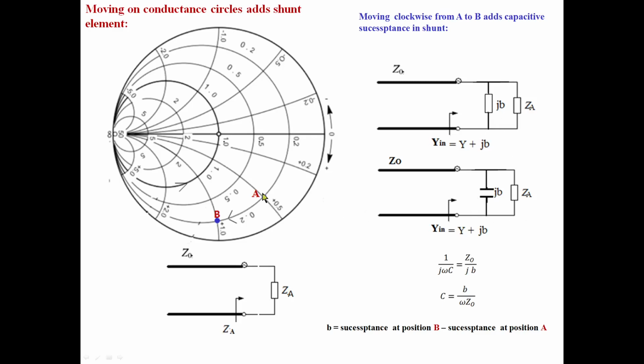I am moving from A to B, which element is added in this direction, capacitor, I should write this value. Next, from here I may move somewhere, that element you have to write. We will see the movement next. This is the way of identifying which element we are adding and what is the value of that element, through this procedure.